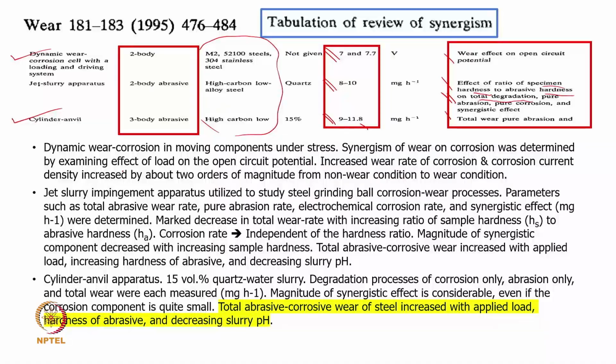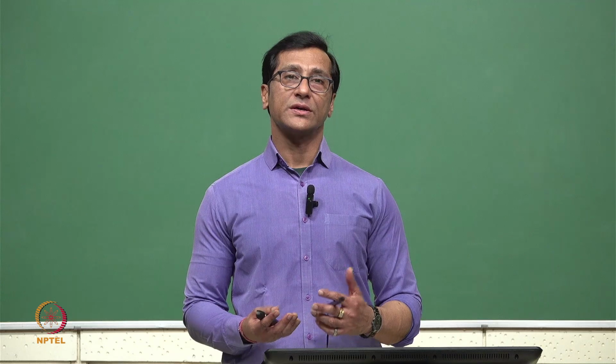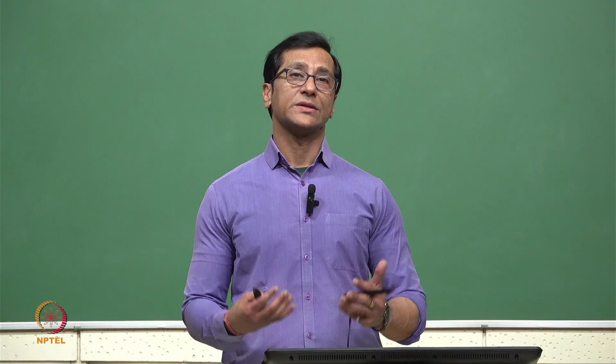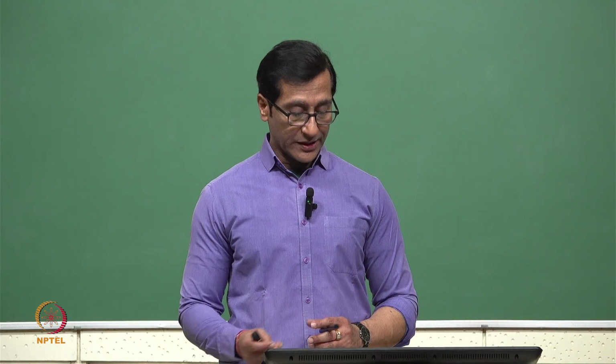So let me explain here. We say first setup: the dynamic wear corrosion, particularly in a tribo condition. They found a synergism of the wear and corrosion, and then they measured the open circuit potential. There is always a different way to measure the corrosion and wear rate. As we have seen in the previous slide, they measured the current, and if the current value is increasing, that indicates a higher corrosion rate is happening.